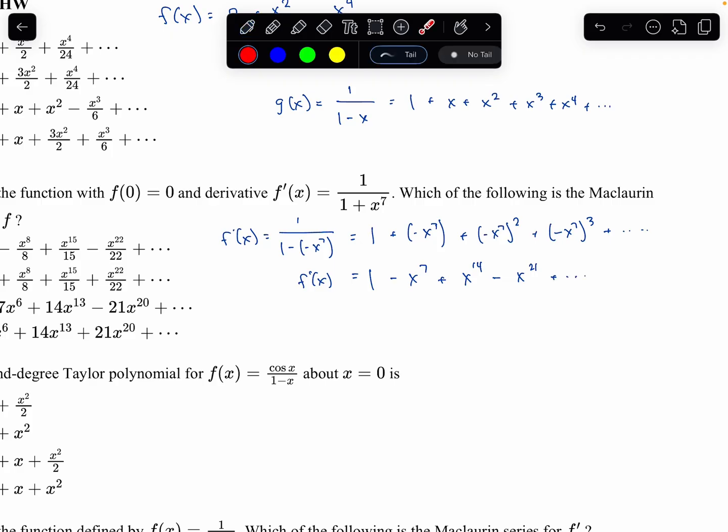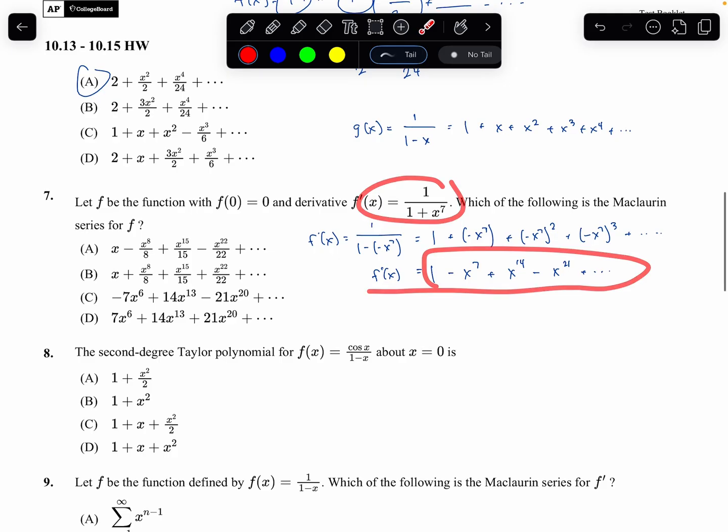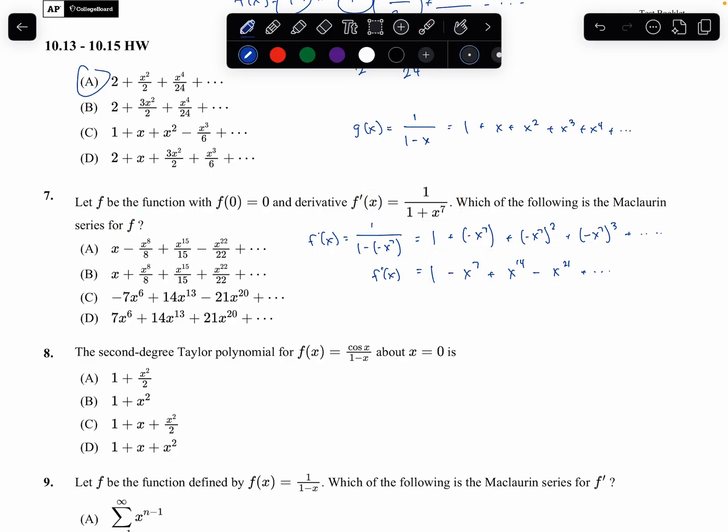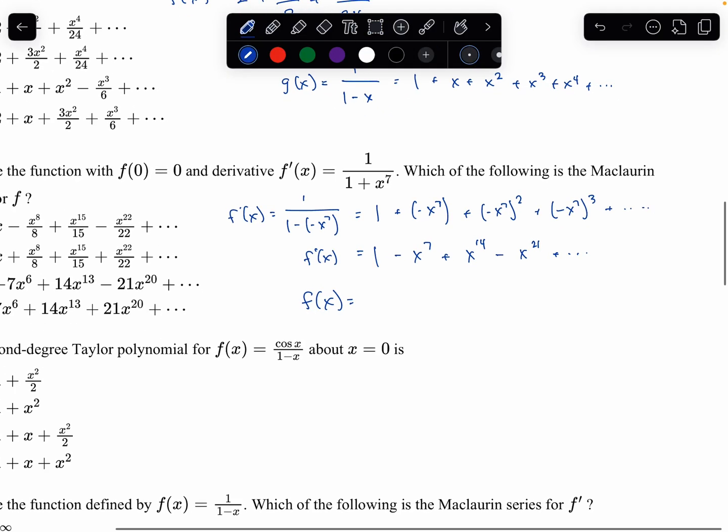All right, so now I actually have something that represents f prime of x, which means I can use that to help me find f of x. So f of x is going to be equal to, what's the antiderivative of 1? That's going to be equal to x. What's the antiderivative of x to the 7th?